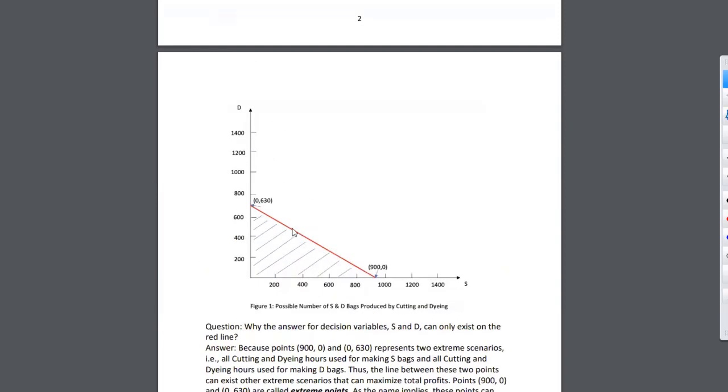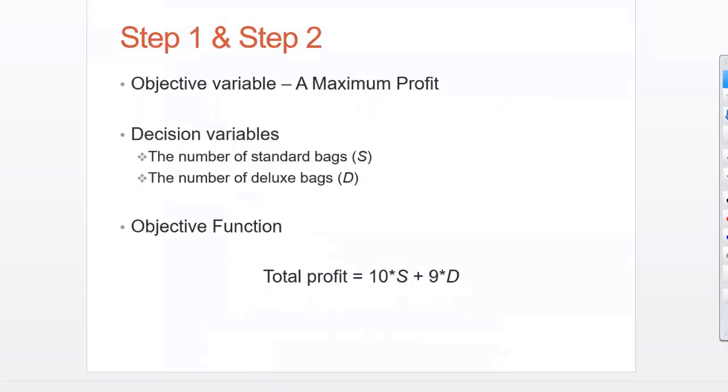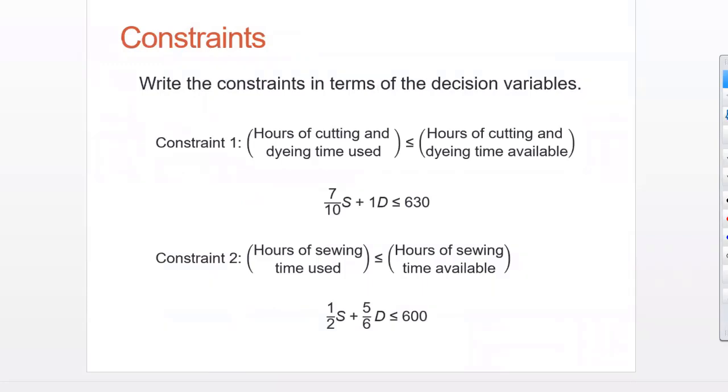As I said, constraint is the fundamental point, the starting point of every optimization analysis. So in order to answer this question in a math way, we look at each constraint first. Let's talk about the first constraint, cutting and dyeing.